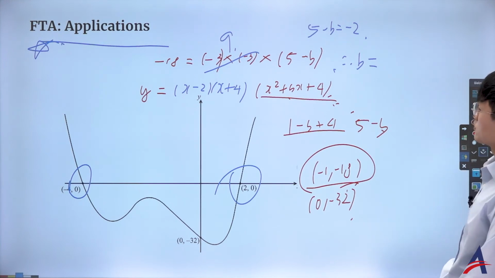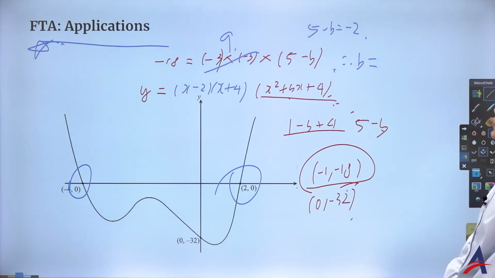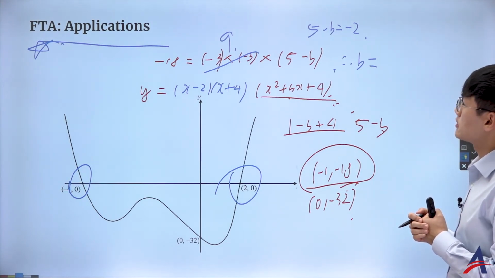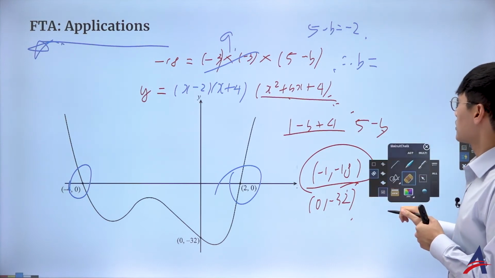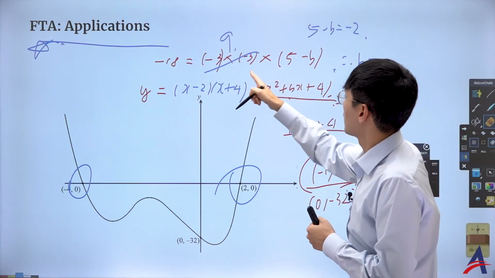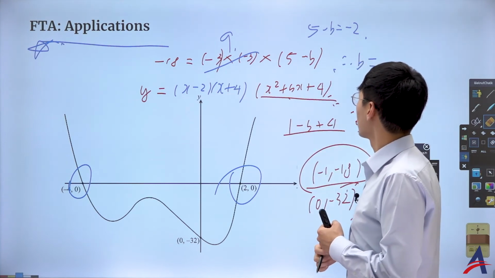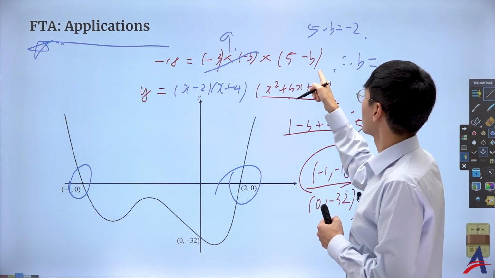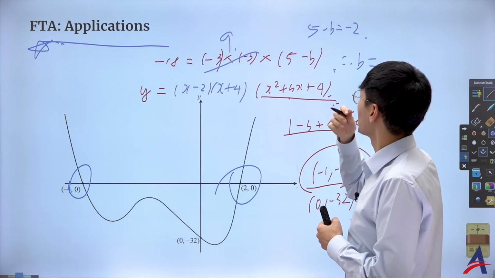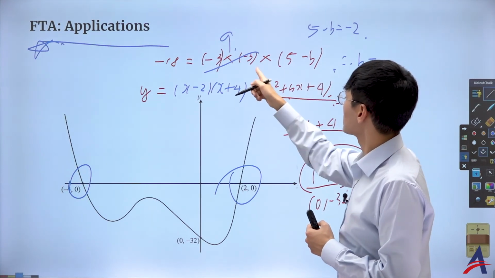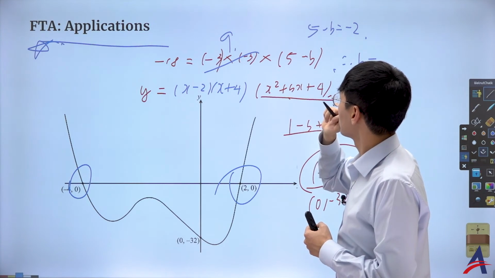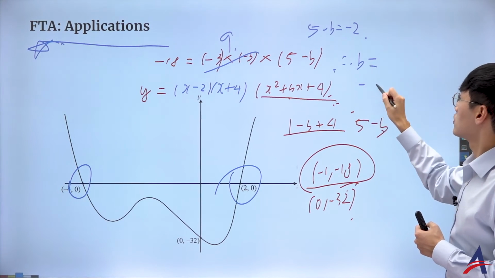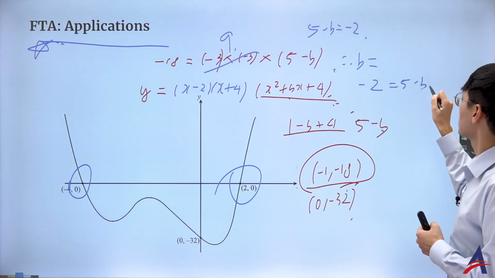I might have done the computation wrong because I think the number was very clean, like 3. So let me see which part I have done wrong, my friend. Sorry about that. I think that simplification was wrong, isn't it? Negative 2 is equal to 5 minus b.